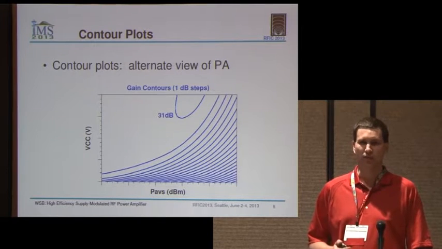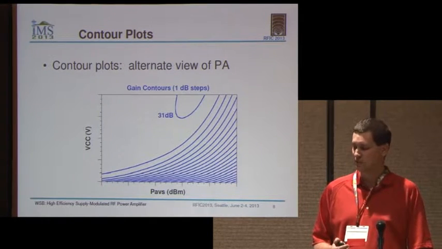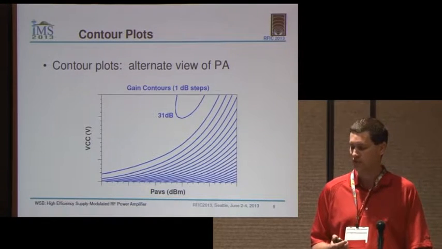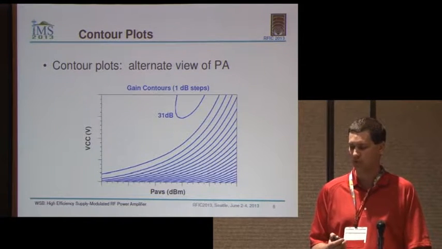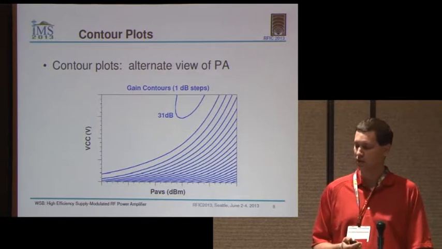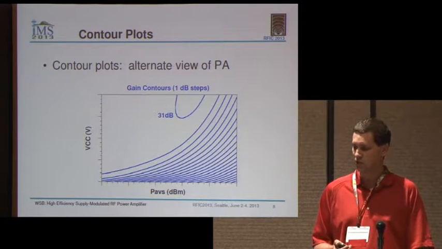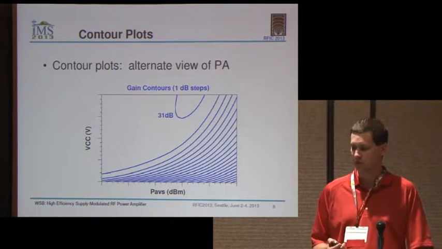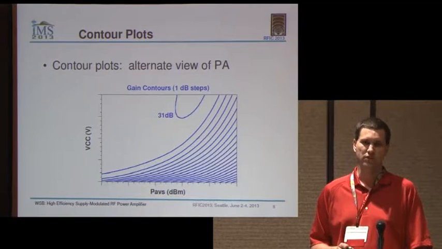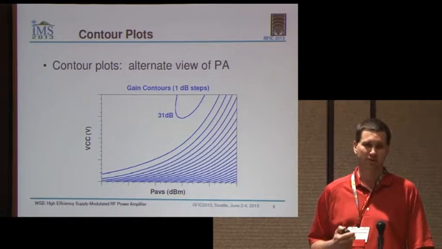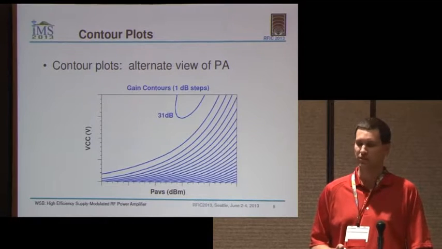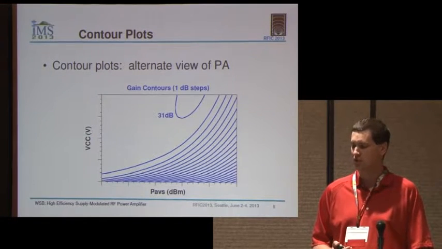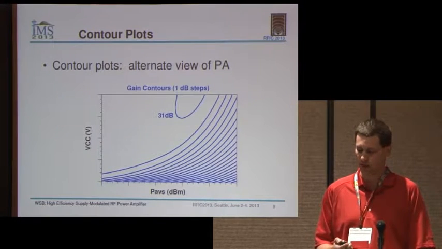Not a very desirable mapping for the VCC, but once you get to 30 dB or lower levels of gain where you start getting into compression of the PA, you end up with a trend of your constant gain curves where as you go to lower input power, you go to lower VCC. So although this isn't ideally proportional to the envelope of the modulation, we do get the desirable characteristic of lower VCC at lower power.